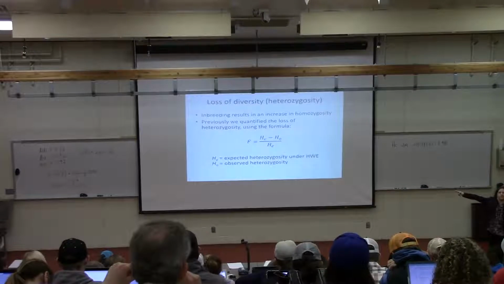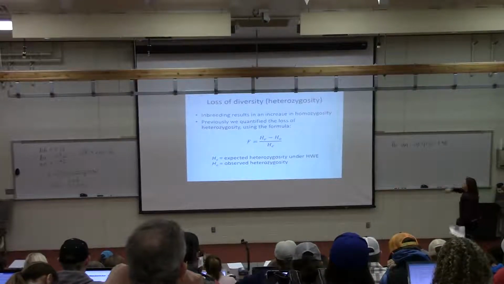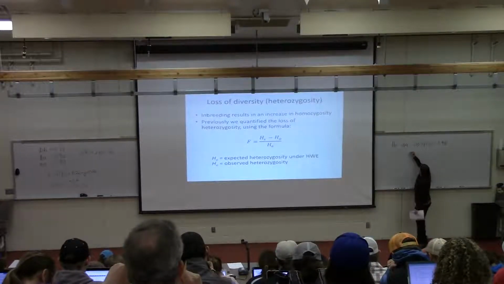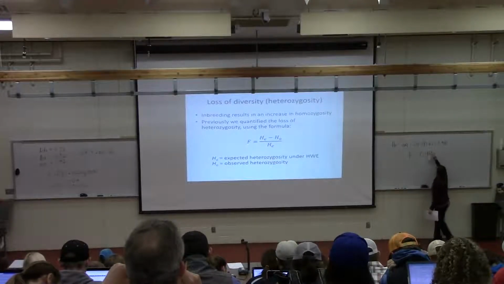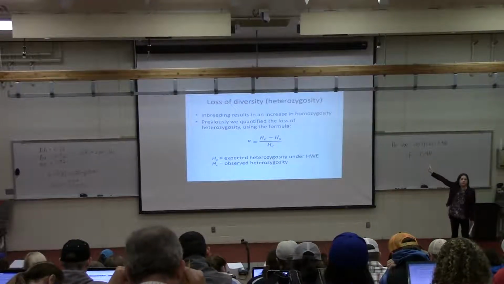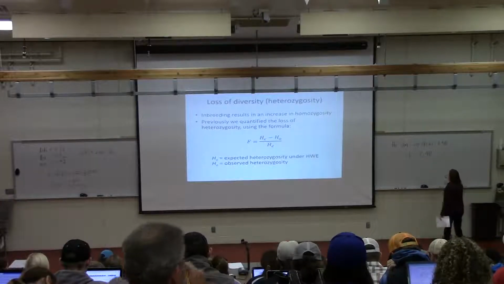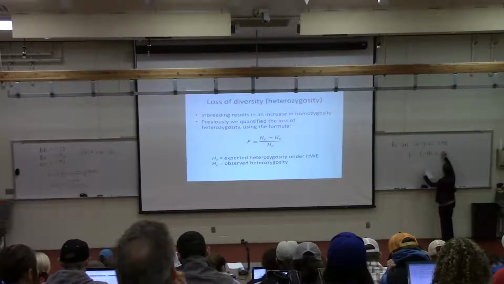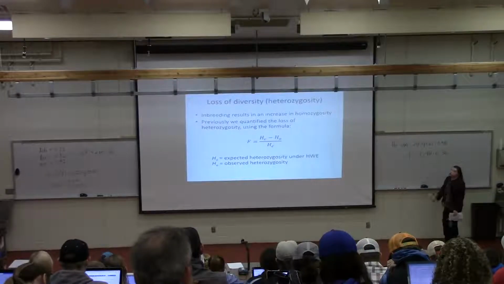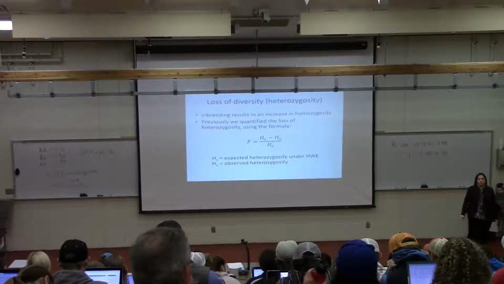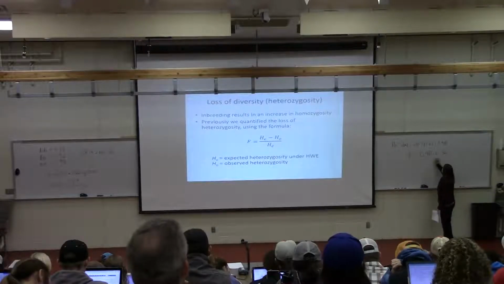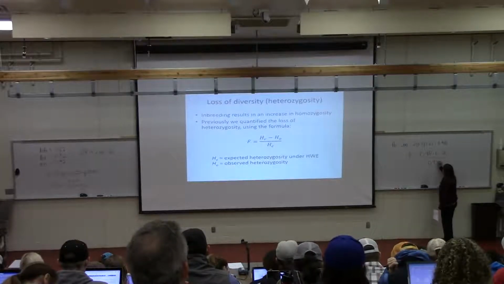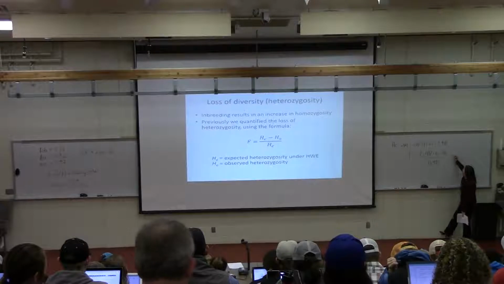It's not what I have over there, is it? I have 0.36. So I want to know what my F is then. Expected, 2PQ, if Hardy-Weinberg was being upheld, minus my observed, which was 0.36. It's actually how many individuals in that population are heterozygous, over the whole dang expected total.